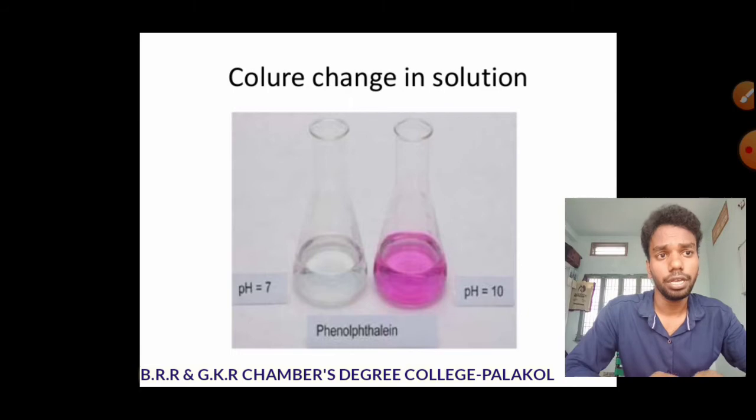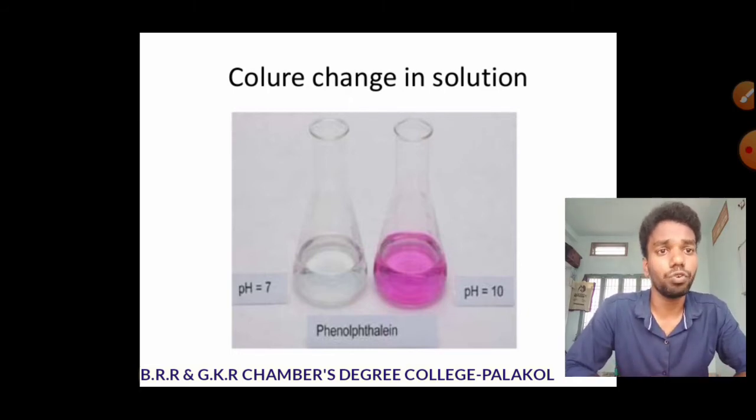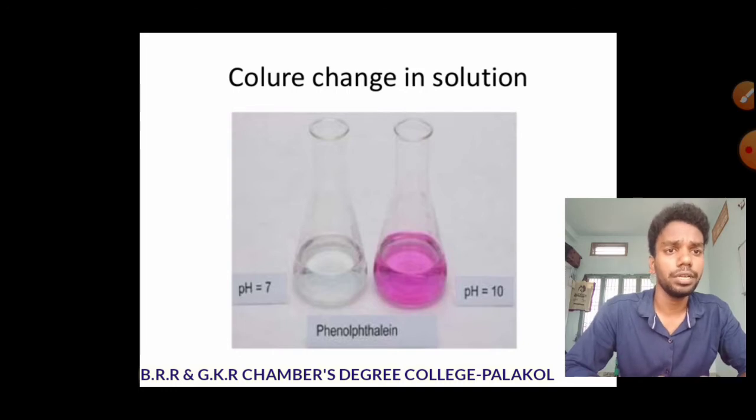Here you observe neutralization: H+ from the phenolphthalein indicator and OH- from the NaOH solution combine and form H2O. So it is a reaction towards the right side, most favorable in the ionized form. In ionized form, phenolphthalein indicator shows pink color. That's why phenolphthalein shows different colors in different mediums.